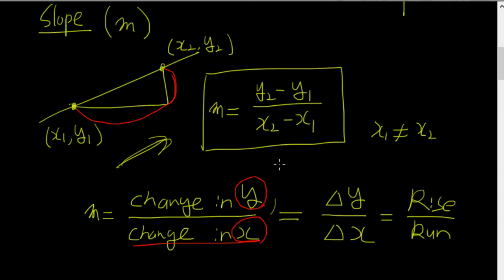When they say rise, it means how much you rise. Run is talking about this distance, the x distance, right? So how much x changed and how much y changed, put that into a fraction or ratio form. That's slope. What I want you to memorize is all this concept, I want you to understand all these concepts, but I want you to memorize this formula, just right there.